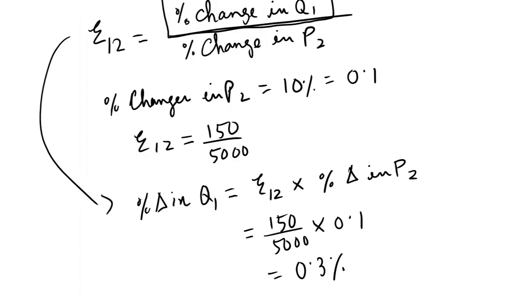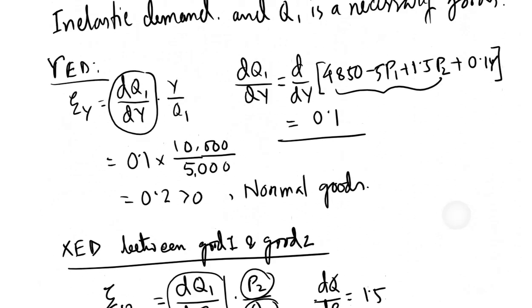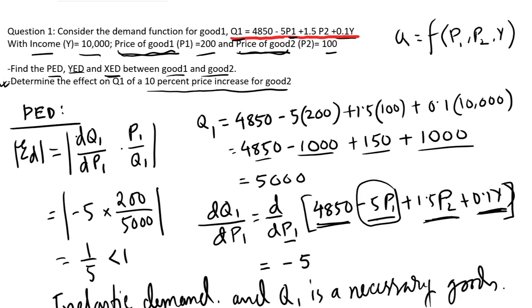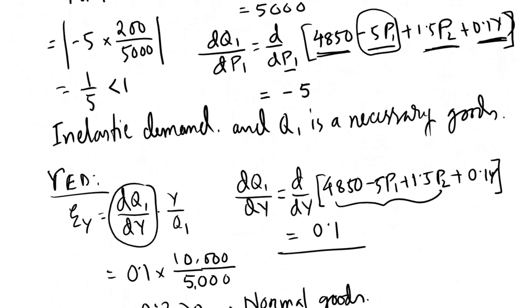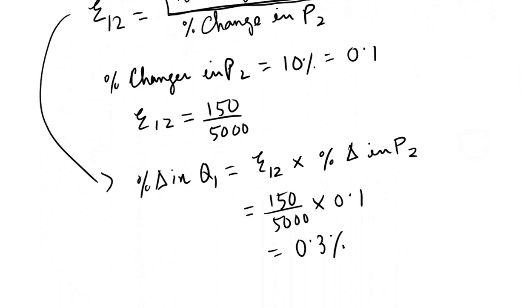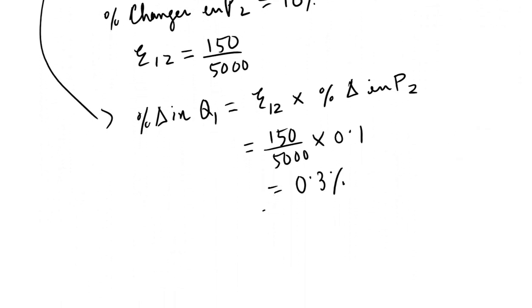So if there is a 10% increase in the price of good 2, this will increase the demand for good 1 by 0.3%.